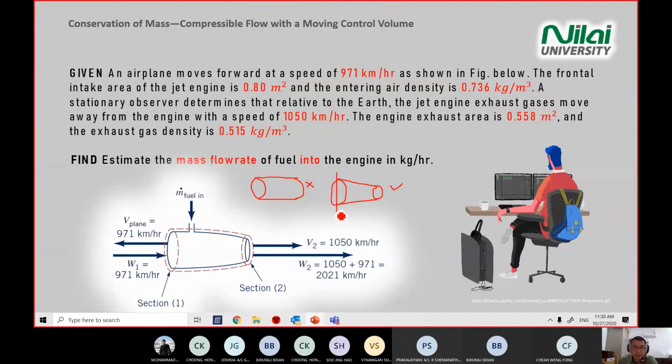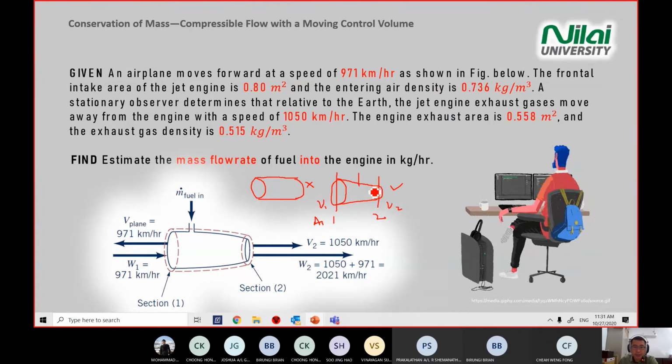Then you can mark section 1, section 2, and then there's a few inlets here. All right, section 1, section 2. Put in all the parameters given. You have forward speed V1, V plane here. Right, V1, V2, A1. This A is given.